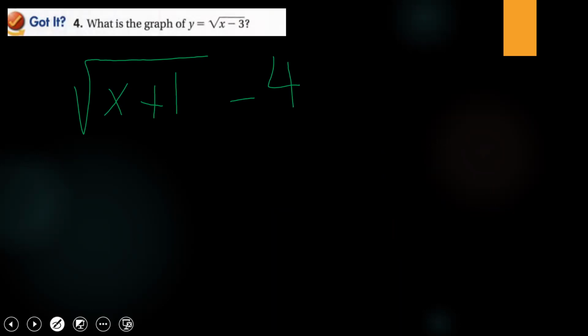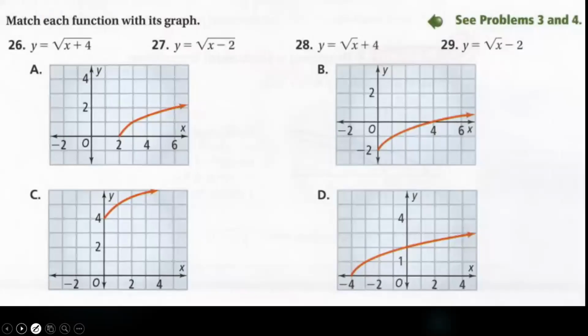Now let's have this exercise here. In this one, all of the shapes are drawn, and like this you will have in the quiz. I want you now to match each function with its graph, which is A, which is B, which is C, and which is D. We have to match. Look at x plus 4.